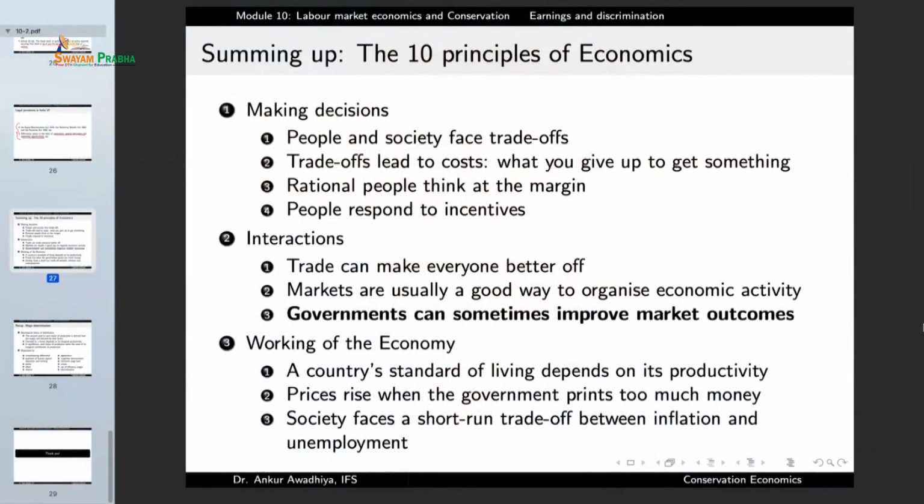Because we saw that if the society is doing a discrimination and is paying for the discrimination, then the free market will not be able to remove discrimination. In this case, the government can act, the government can say that you cannot discriminate, and also the people that you have discriminated against, we are going to provide them with greater opportunities so that they get a level playing field from now on. And so the government can sometimes improve the market outcomes.